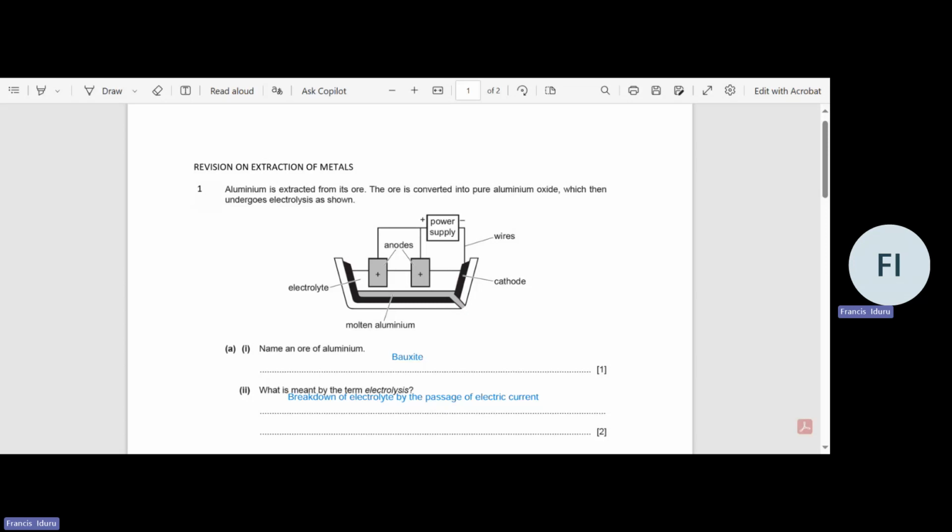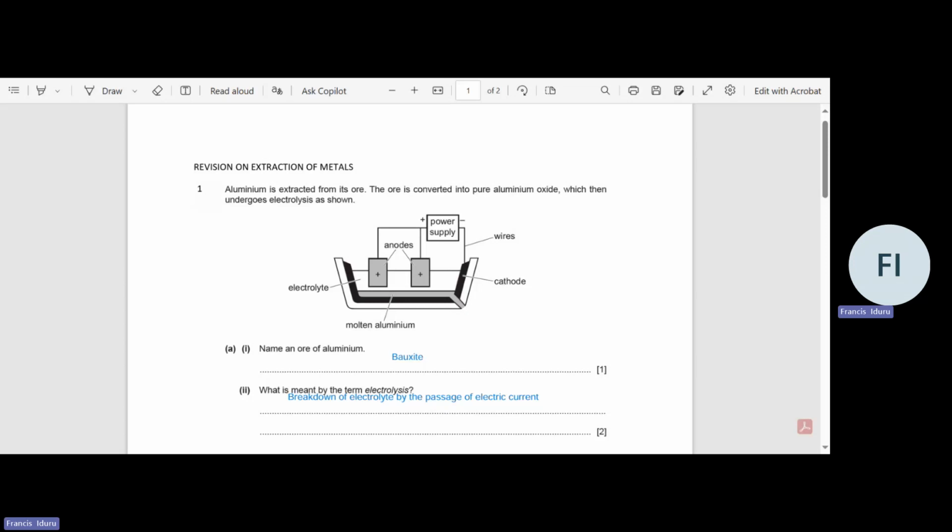The scope of the conversion is beyond your syllabus. The aluminium oxide then undergoes electrolysis as shown below. So we have the diagram of electrolysis, the anode and the cathode, the electrolyte, and the wire and all of that. Now name an ore of aluminium.